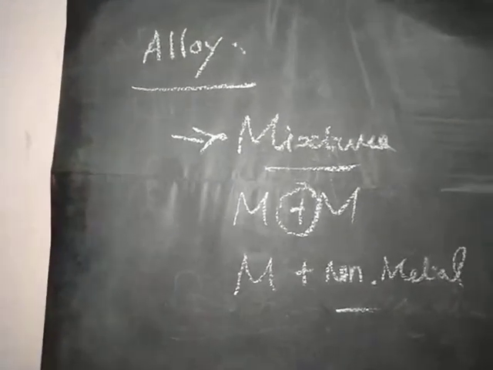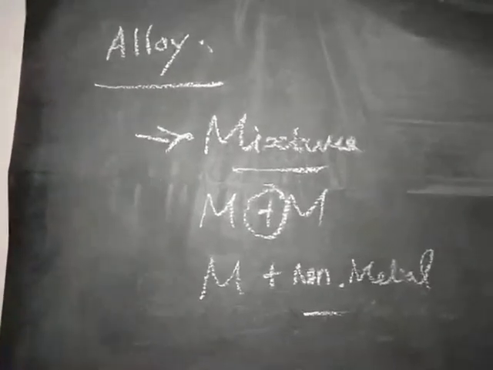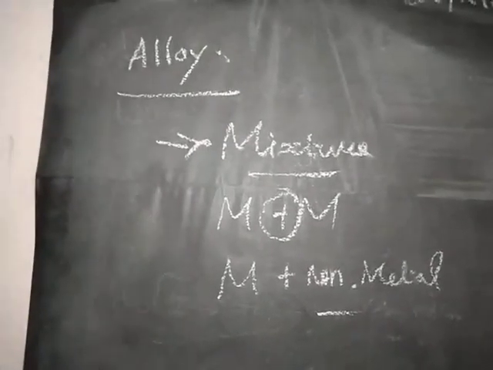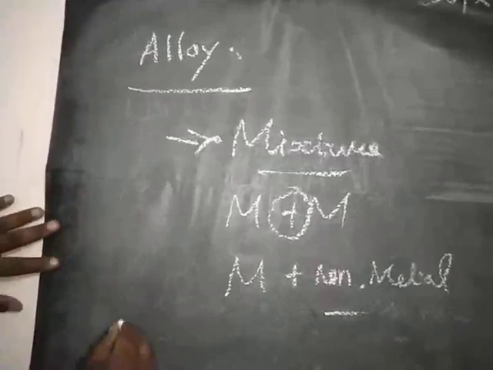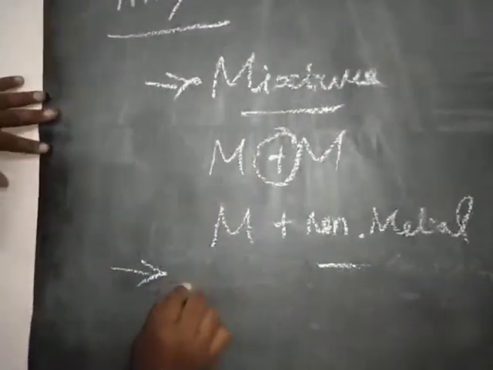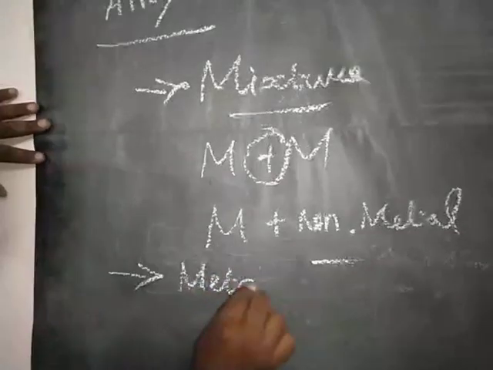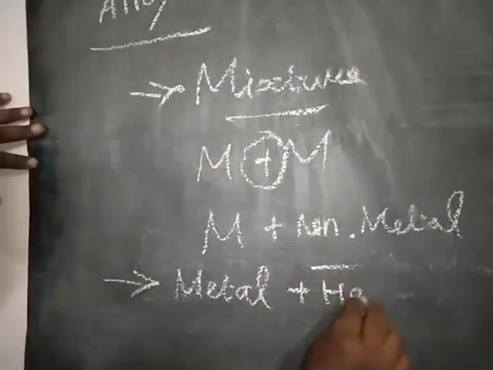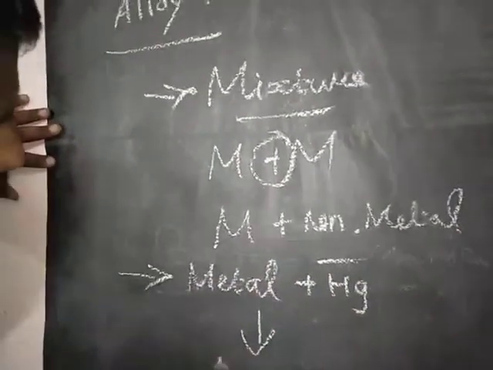Some alloys have a lower melting point than the pure ones. When a metal is mixed with mercury, that is called an amalgam.